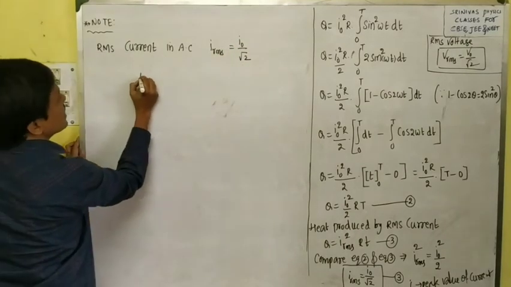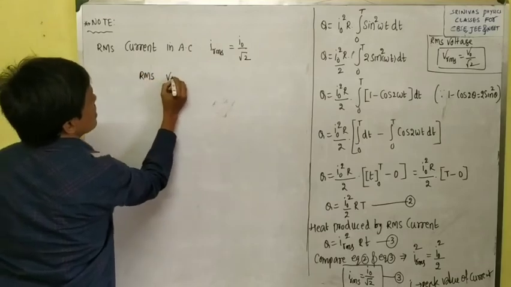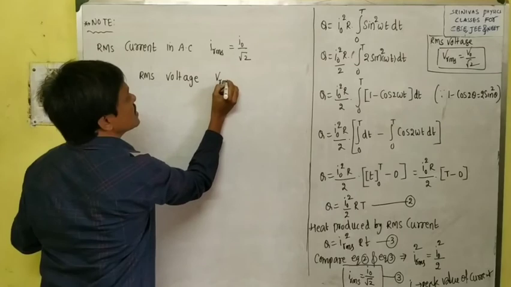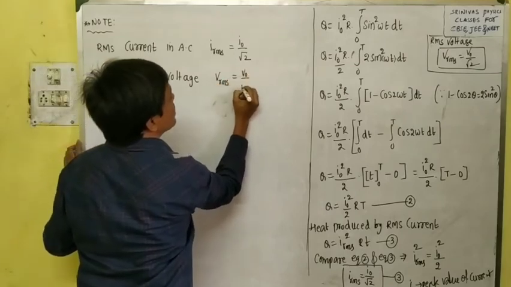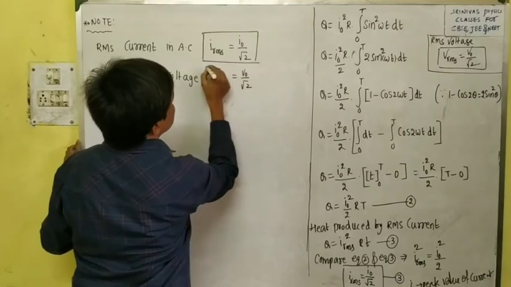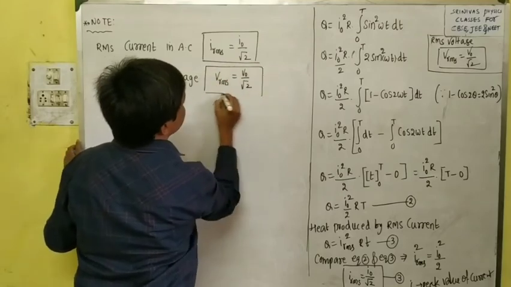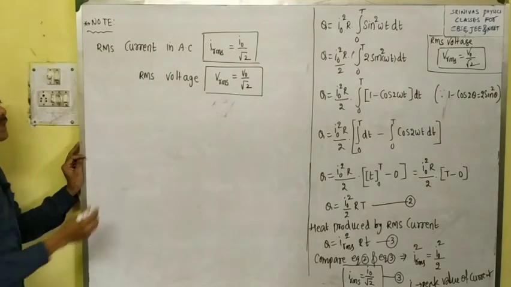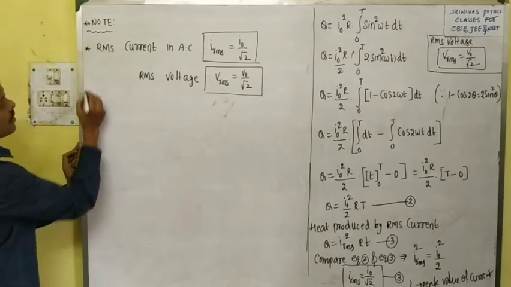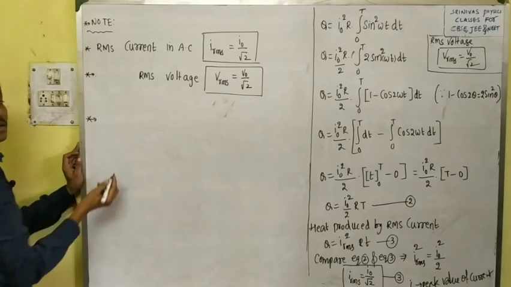RMS voltage we got as Vrms is equal to V naught by root 2. Very important formulas, these. And here one more point I am going to give.